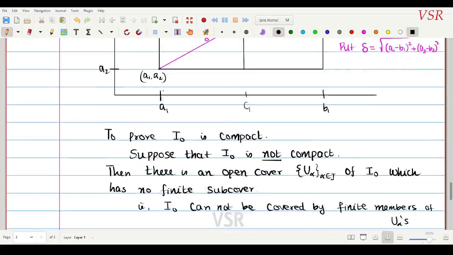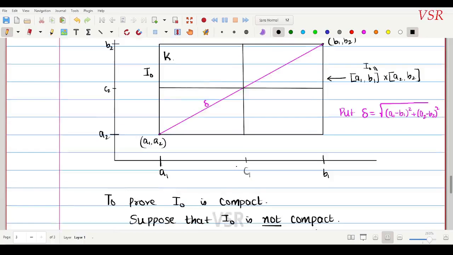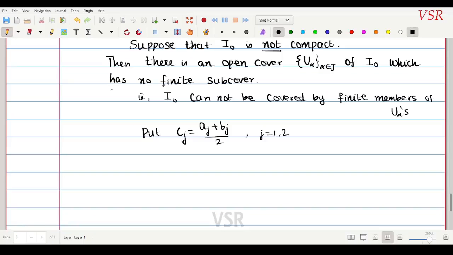So I will write this. Put Cj equal to Aj plus Bj by 2, where j is equal to 1, 2. Here only 1 and 2: I define it for A1, B1 and A2, B2. So Cj is equal to Aj plus Bj by 2, that is, I have found the midpoint. C1 is the midpoint of one interval and C2 the midpoint of the other.